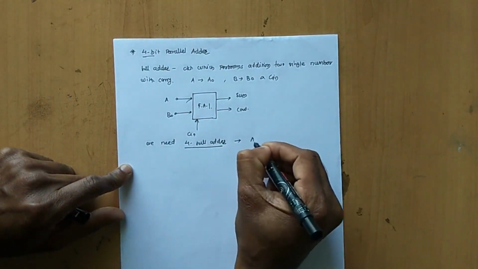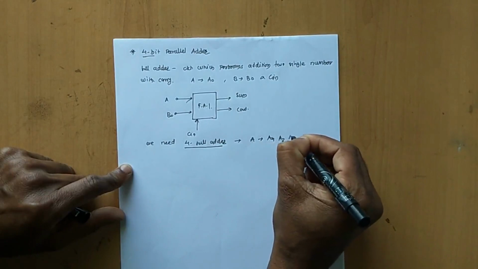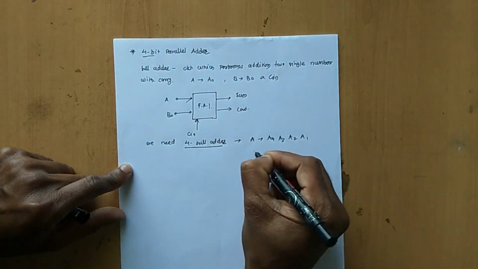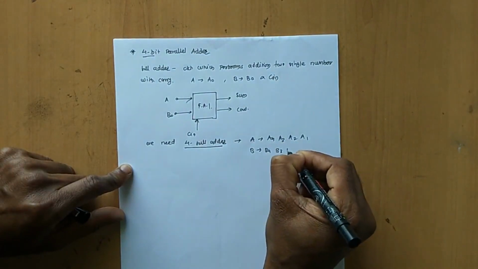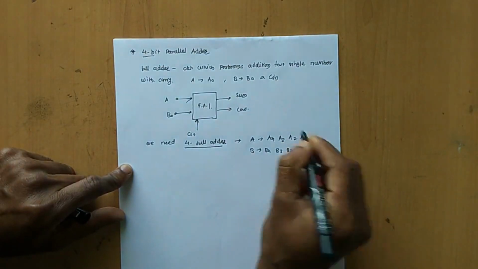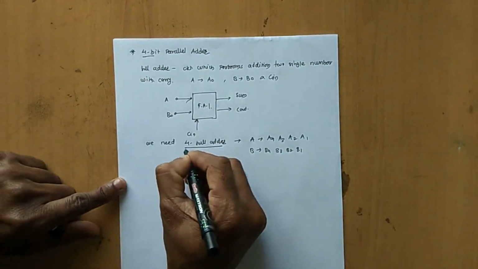So number A with A3, A2, A1, A0 and number B with B3, B2, B1, B0. Hence, for the implementation of a 4-bit parallel adder, we need 4 full adders.